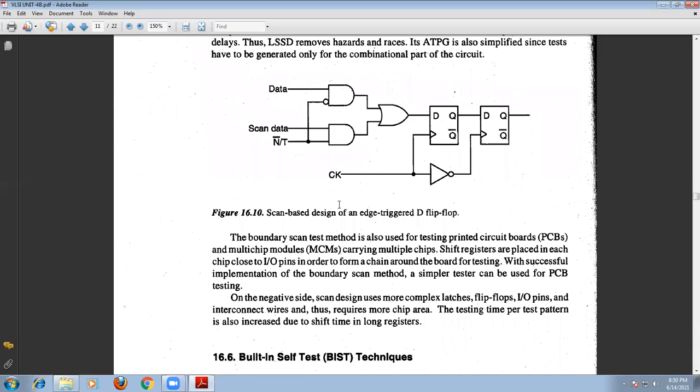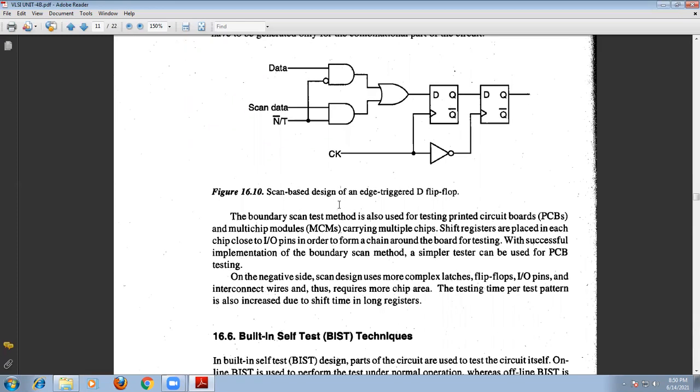the most important approach among the scan-based designs is level sensitive scan design. This level sensitive scan design incorporates both the level sensitive and the scan path approach using shift registers.